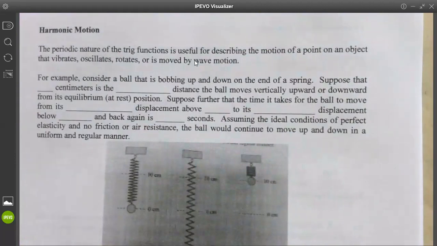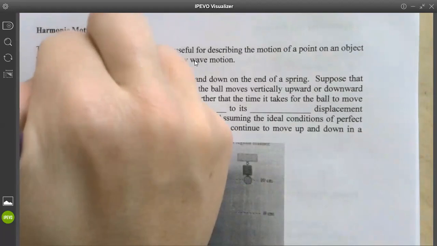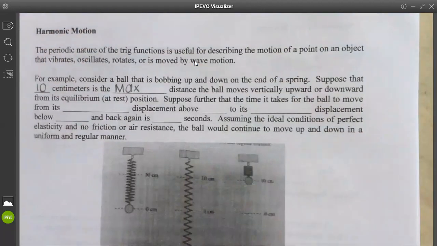The periodic nature of trig functions is useful describing the motion of a point on an object that vibrates, oscillates, rotates, or is moved by wave motion. For example, consider a ball that is bobbing up and down on the end of a spring. Suppose that 10 centimeters is the max distance the ball moves vertically upward or downward from its equilibrium, which is at rest position.